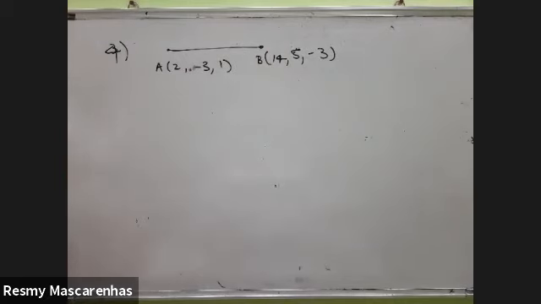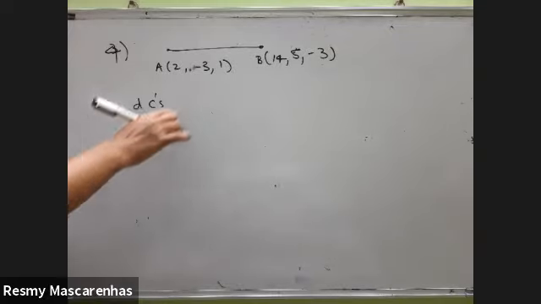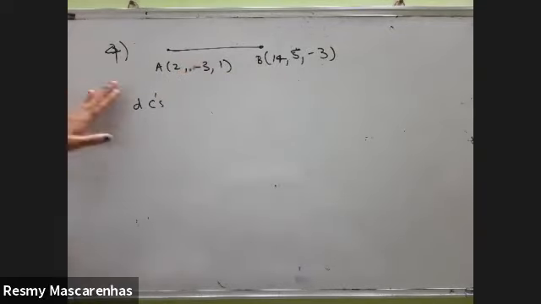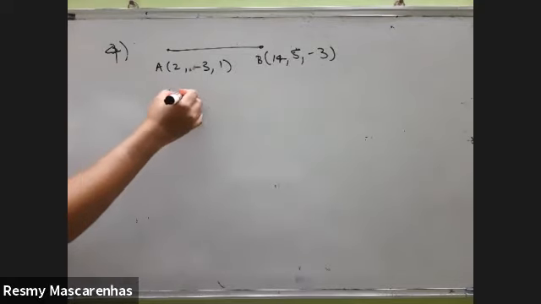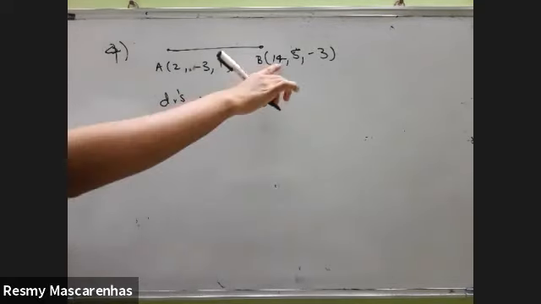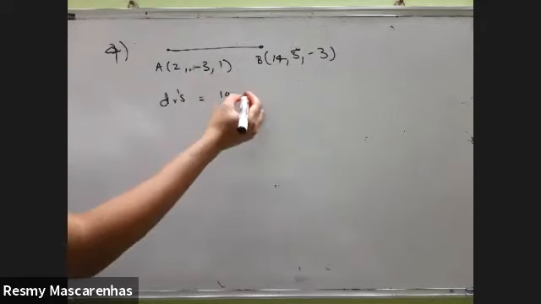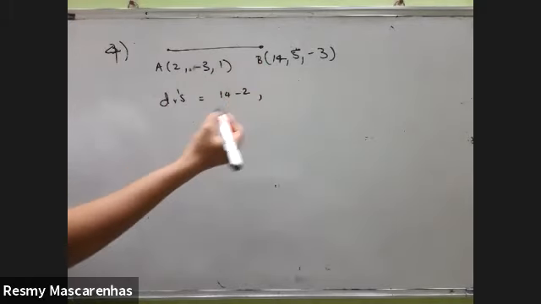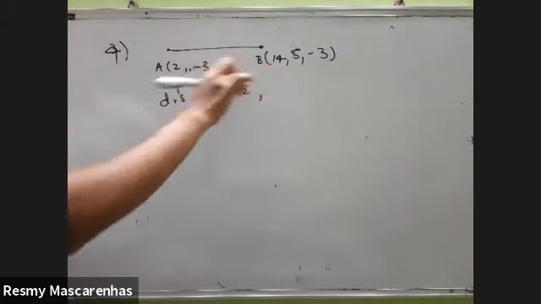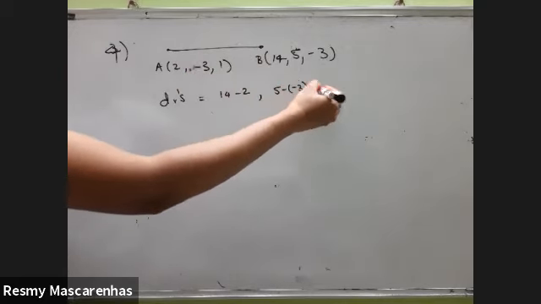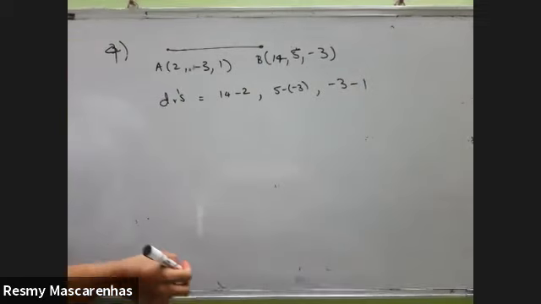And suppose they tell you to find direction cosines only, not direction ratios, still what you have to do? Compulsorily first you have to find direction ratios, irrespective of what they ask you to find. If they ask only for DCs, still first you have to find ratios. So direction ratios will be x2 minus x1, then y2 minus y1 and z2 minus z1.